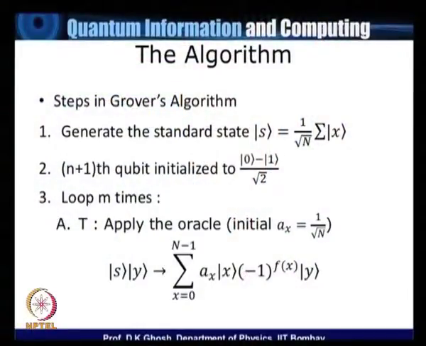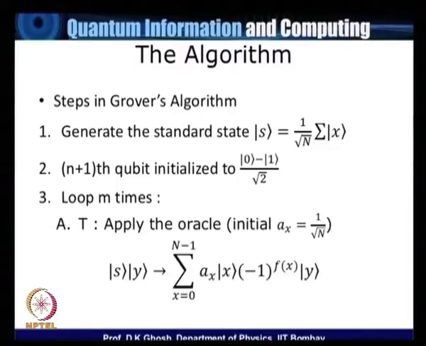Okay, once we have made this statement that it is possible to implement the diffusion or the Grover algorithm through the quantum processes that we know, let us talk about the algorithm. So first what we do is we generate a standard state.